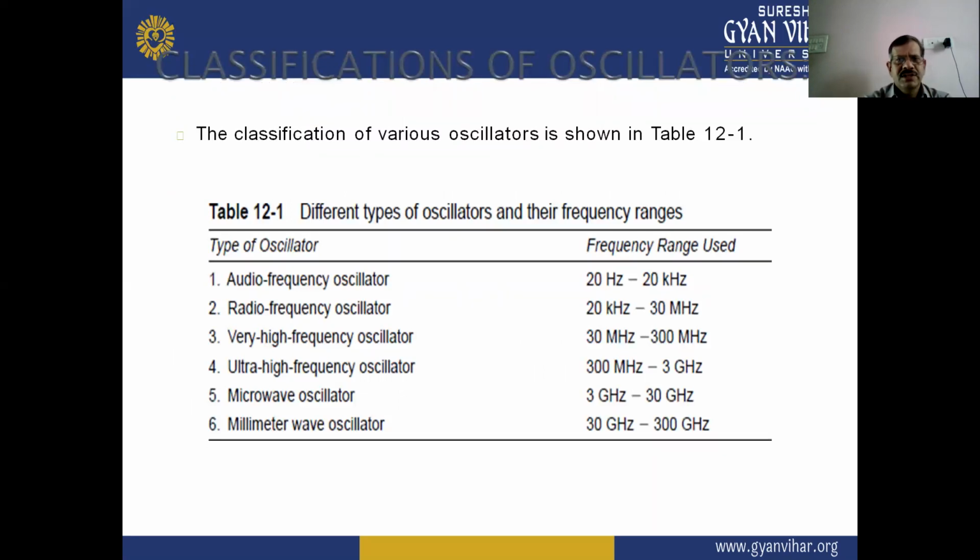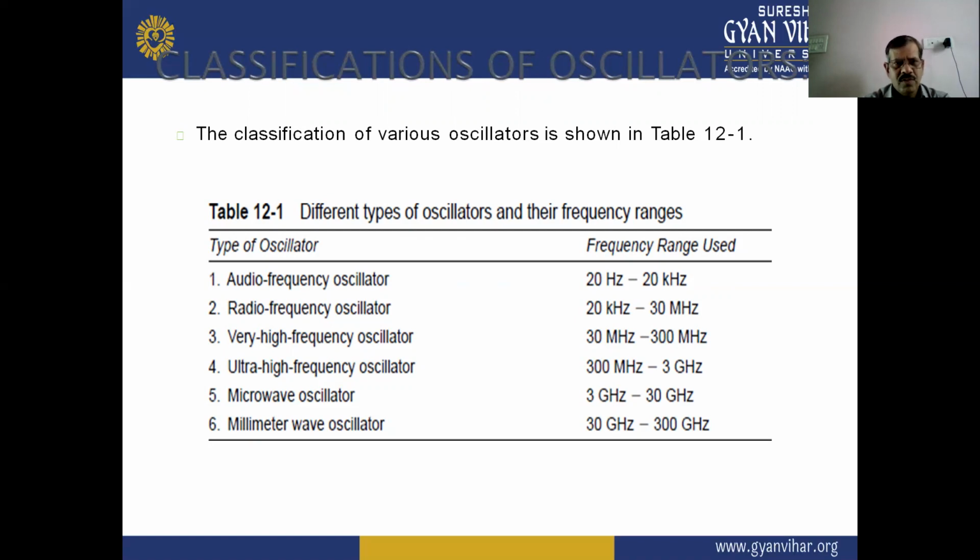The classification of various oscillators is shown in this table, with the different types of oscillators and their frequency ranges. The first type is the audio frequency oscillator, with a frequency range of 20 Hz to 20 kHz.